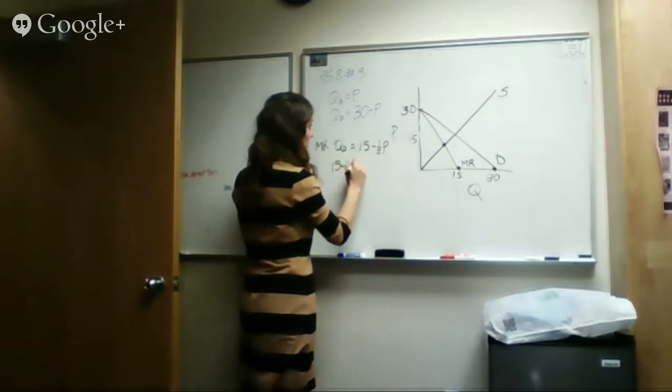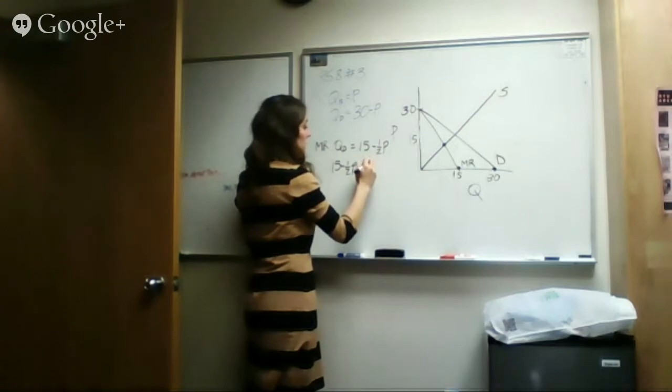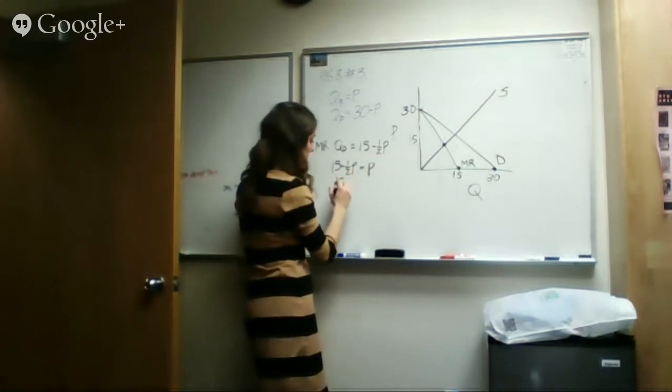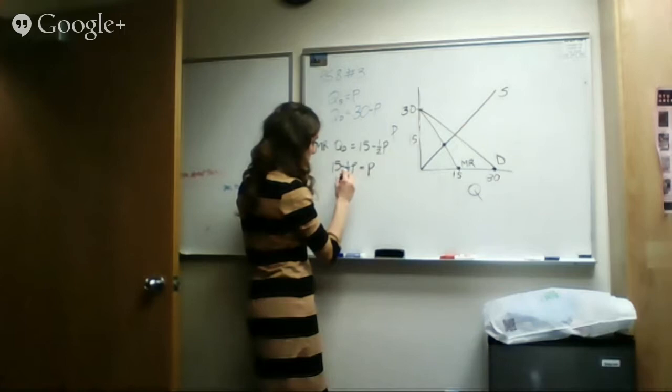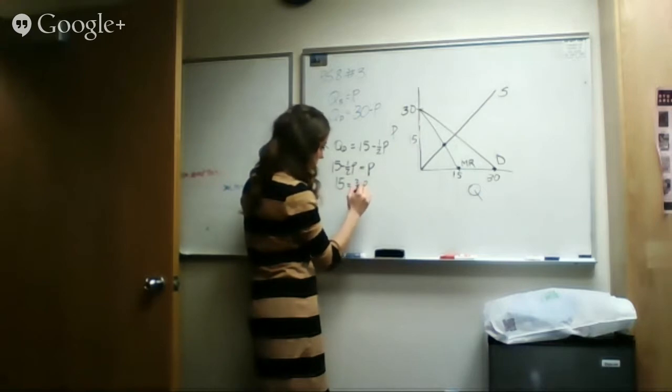15 minus 1 half Q equals this old supply line, which equals P. So 15 equals, I'm going to add 1 half P to each side, so 3 halves P. So P equals 10.